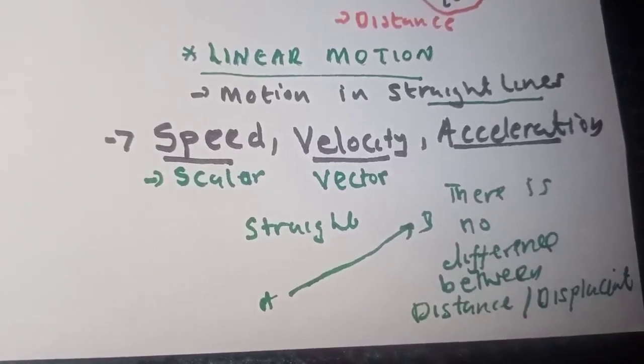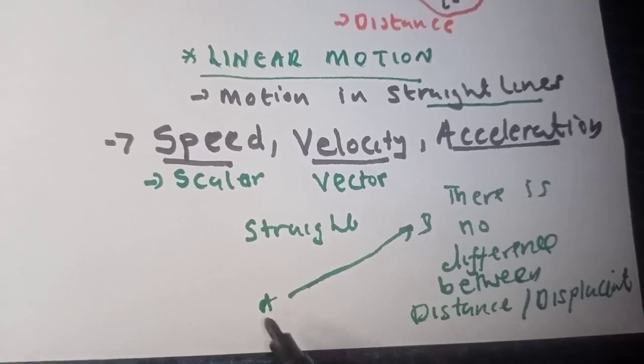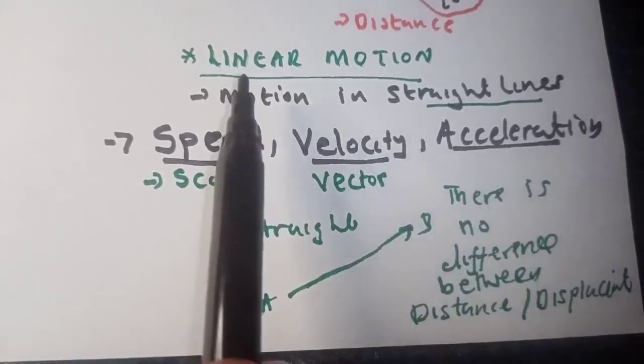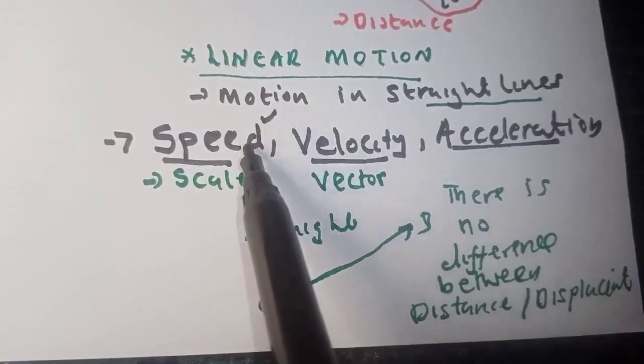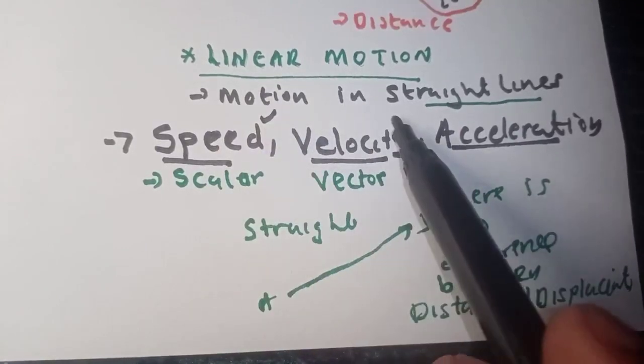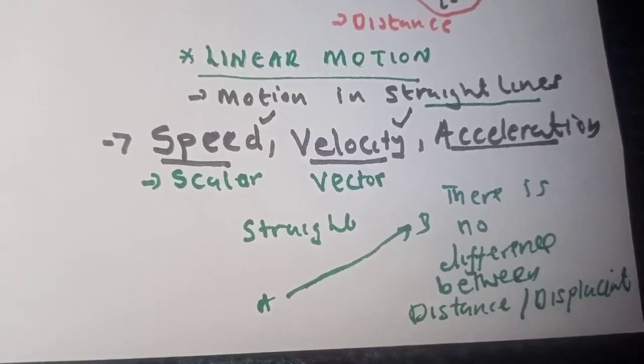Why? Because these motions are in a straight line. So when we talk about linear motion, there will be really no difference between speed and velocity. They will be actually the same.